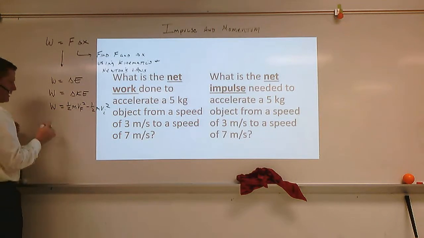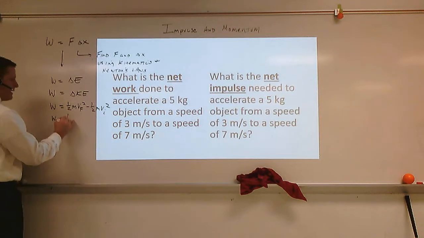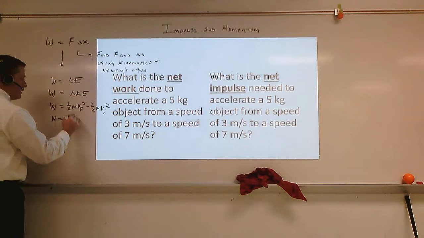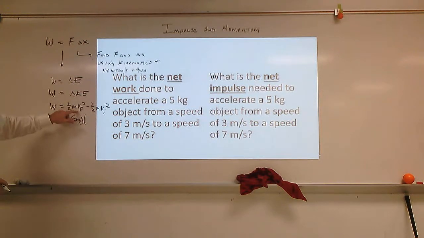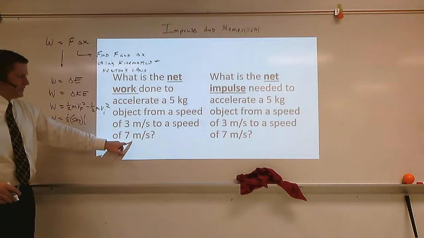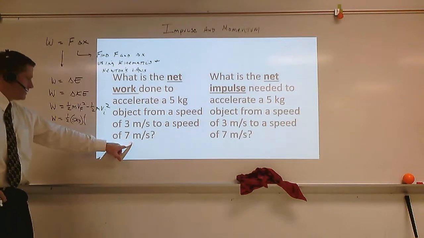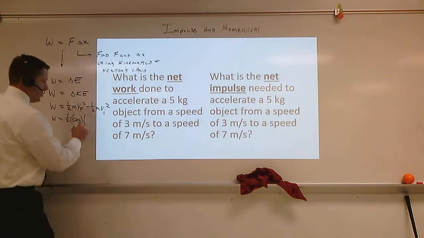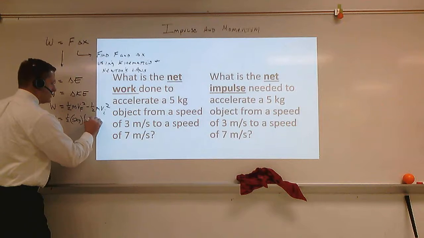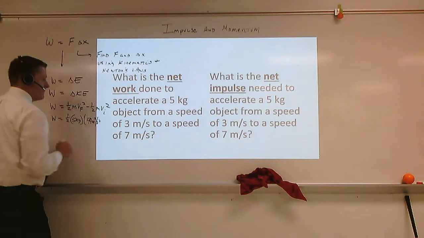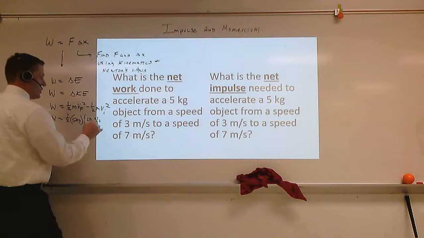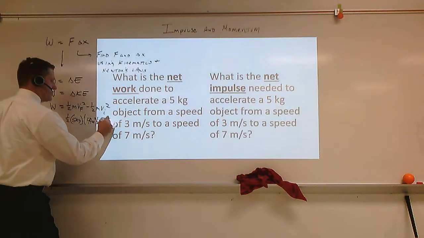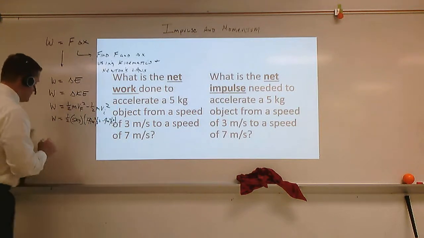If I factor out that 1/2 m, I get 1/2 times 5 kilograms, and then I'm going to multiply that by the final velocity squared. Well, the final velocity squared is 7 squared, or 49 meters squared per second squared, minus the initial velocity squared. 3 squared is 9 meters squared per second squared.